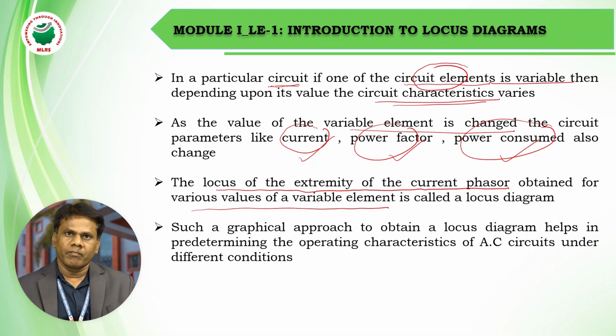If you take the current phasor of a circuit and vary the variable element in that circuit, and you draw the locus of the current phasor, that extremity point, the tip of the current phasor obtained for various values of the variable element in a given circuit, is called the locus diagram.